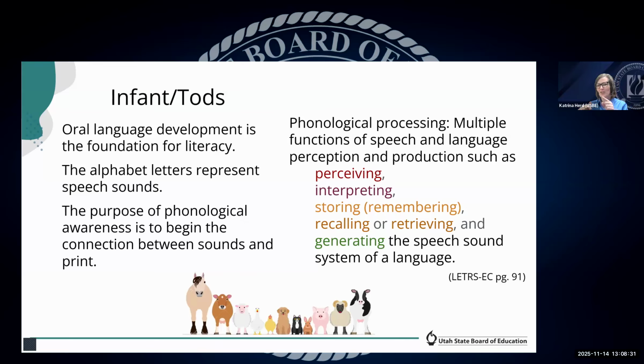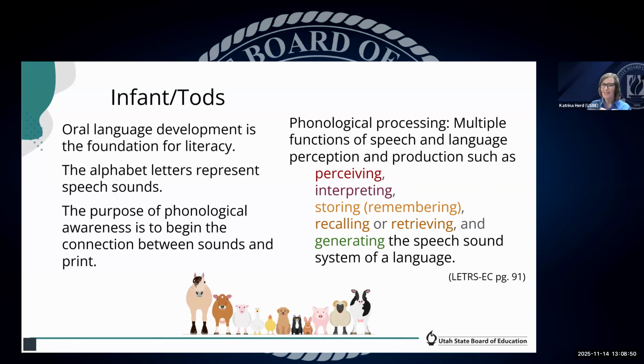So that's why I've got this picture of the farm animals down here, because when you're helping a kid understand, horse says neigh, that's a printed picture of a horse on a page. Is that printed picture saying anything? No, but it's a symbol that represents that thing over there that is making a sound.